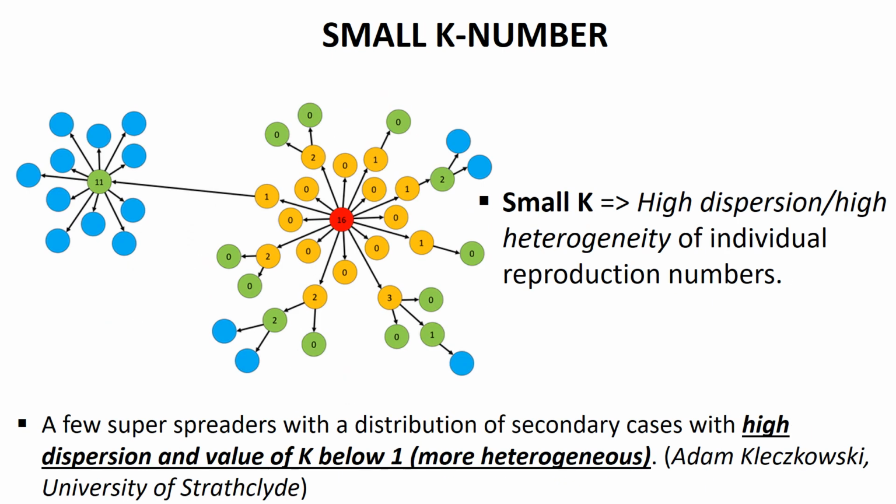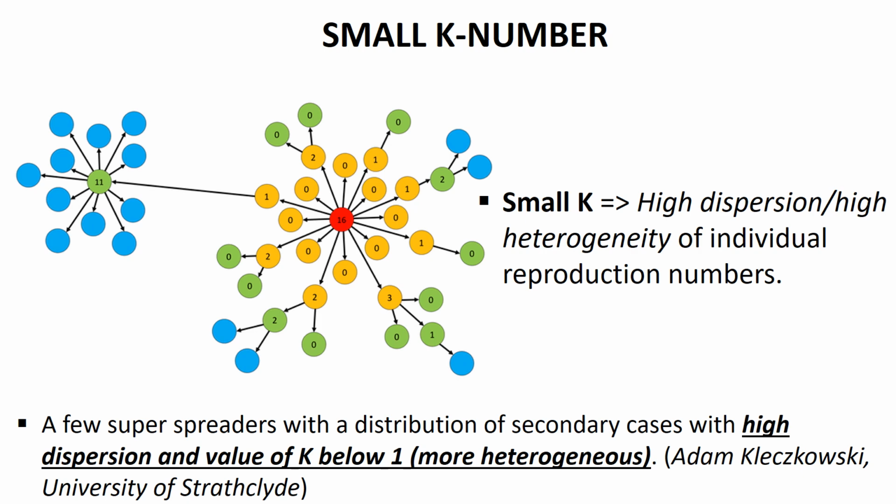So if we take a small K number, small k means high dispersion, high heterogeneity of individual reproduction numbers. Heterogeneous means there's quite a bit of variation here. So small k, again, nomenclature slightly confusing, but it means high dispersion, large variance.